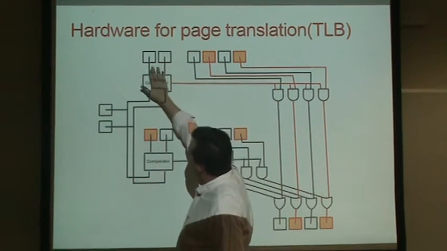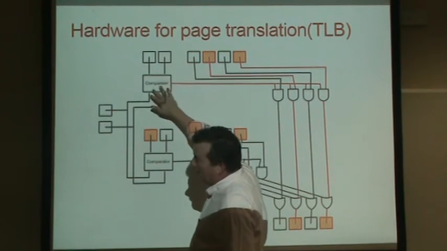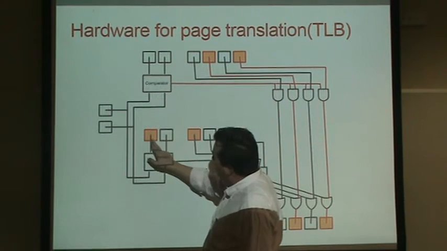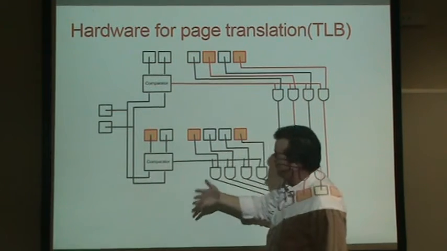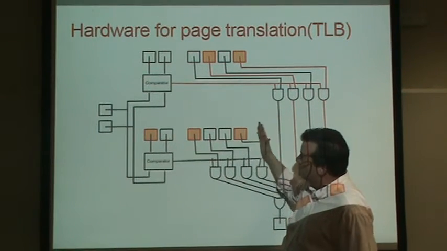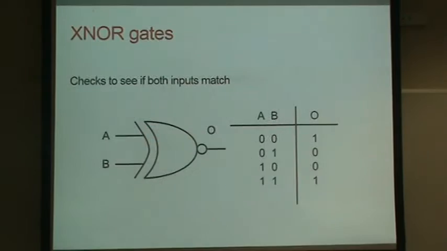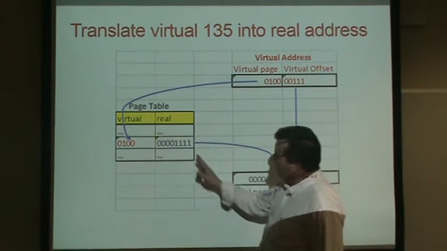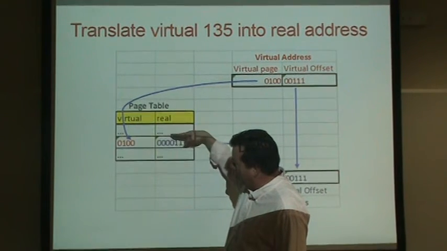And then our page table has virtual page 00 located at real address 0101, and virtual page 2, which is 10, located at real address 1001, which is page 9. So this is a version of our page table. Really, what we're doing in this picture is a small version of this: we have the virtual pages and where they are located in real memory.